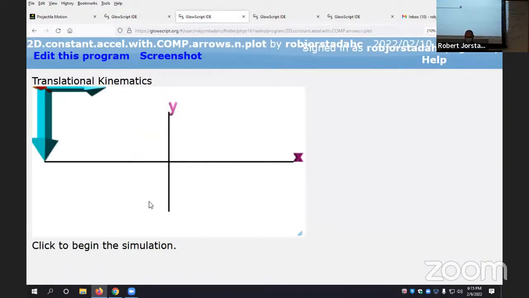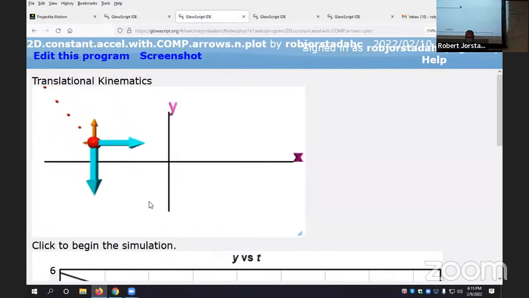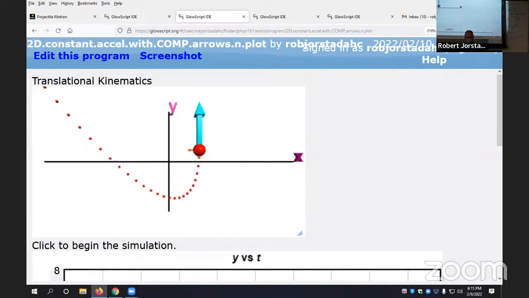This is with the components. So notice it's the same exact simulation. In this case, the light blue arrows are indicating the velocity. So notice in this case, it's not going straight up, but it's pretty darn close to straight up. Do you agree? So we see that the velocity in the y direction is large and positive, and v_x is not 0, but it's pretty darn close to 0 right at this point.